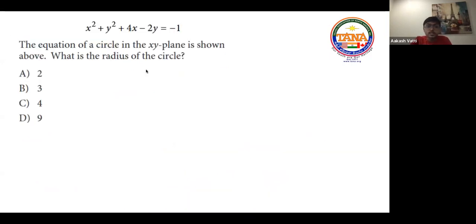Last question for today. Here is a question. Again, this is literally just completing the square. If you guys know how to complete the square, you should be able to get this.